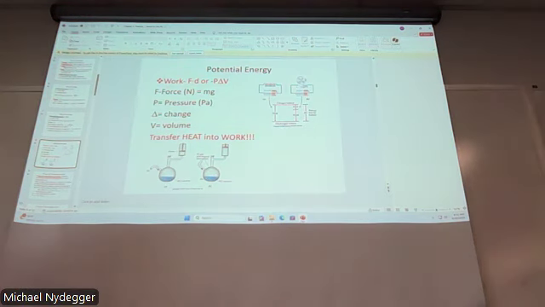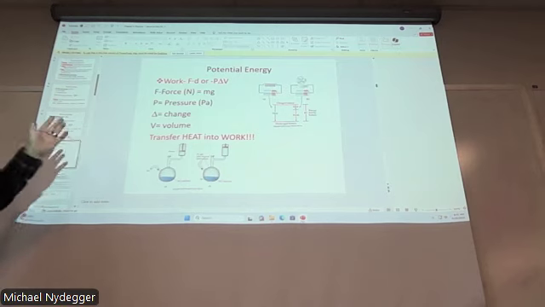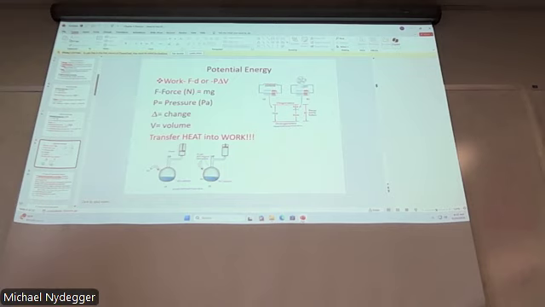I look at the different forms of money I have in my household. How do I treat them? The exact same thing here. What form of energy do I have? The form that I have, that's how I'm going to treat it. That makes sense? Whether it's an open system or a closed system, or an adiabatic system, right? Based on that, that is how you ultimately treat those different forms of energy.